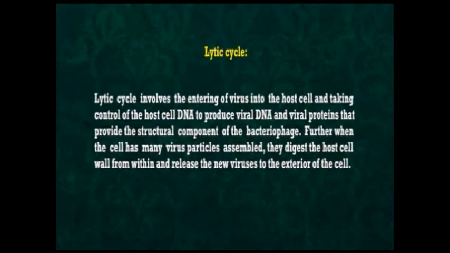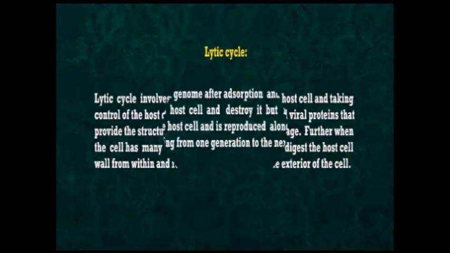The lytic cycle involves the virus entering the host cell and taking control of the host cell DNA to produce the viral DNA and the viral proteins that provide the structural components of the bacteriophage. Further, when the cell has many virus particles assembled, they digest the host cell wall from within and release the new viruses to the exterior of the cell.